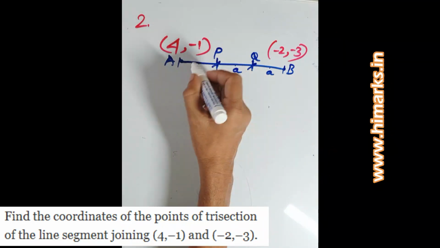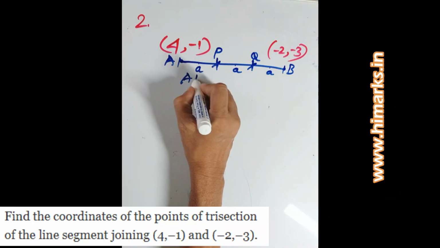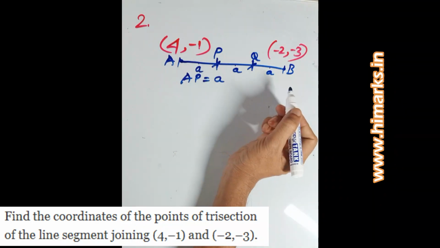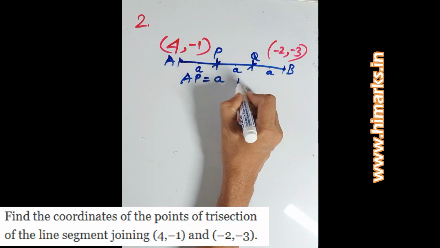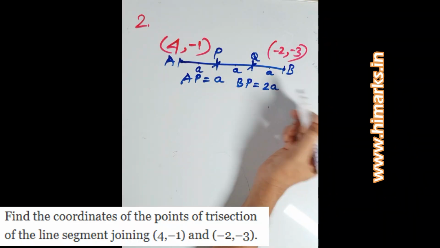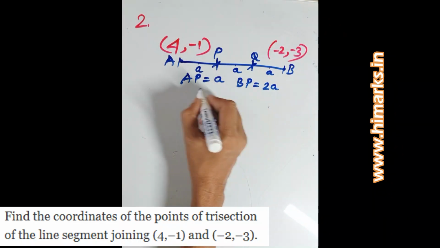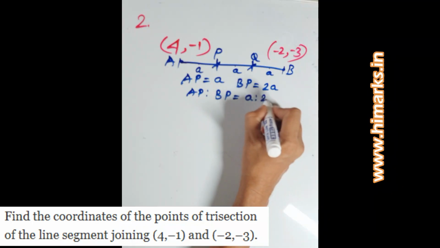So now if you observe, if AP is equal to a and BP is 2a, correct? So that means now if you make a ratio, AP is to BP, that means a is to 2a.